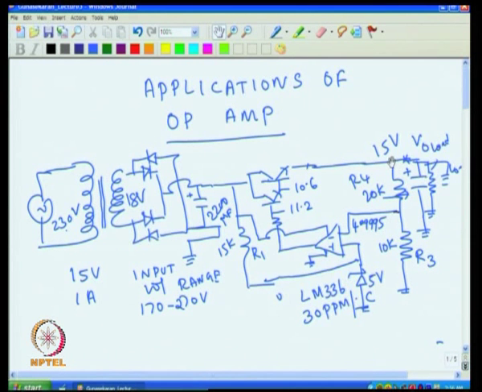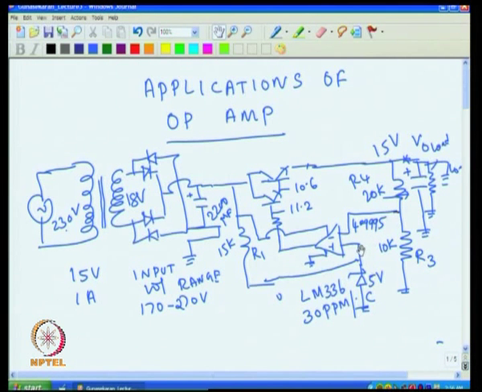Now, if this is 15 volt, then if this is 5 volt, you will obviously see this comes close to 5 volt, because the difference between these two voltages is amplified by the open loop gain of the operational amplifier and put here.